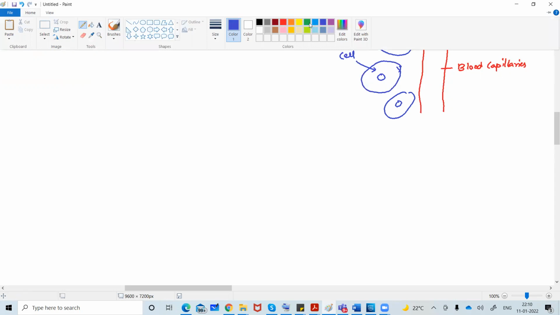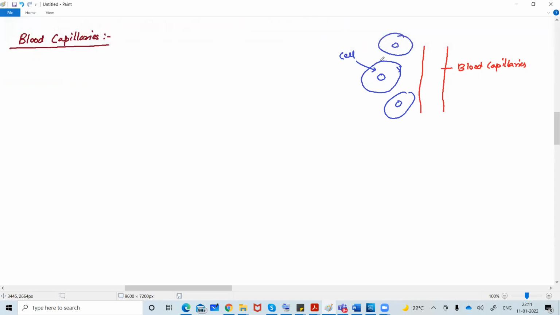In between the gaps of the cells, there is some liquid present here, right? This liquid is called interstitial fluid. And this gap is called the interstitial gap.